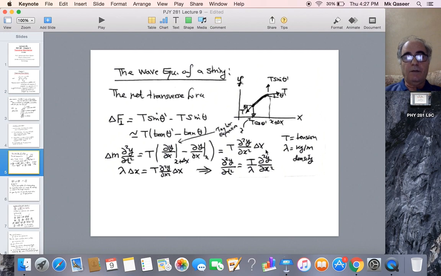If we take the limit delta x approaches 0, then we are left with this term only, that's T d2y by dx squared times delta x. So delta x cancels from both sides. We finally reach the wave equation, which is d2y by dt squared equals the tension over lambda, where lambda is the linear mass density measured in kilogram per meter, times d2y by dx squared.